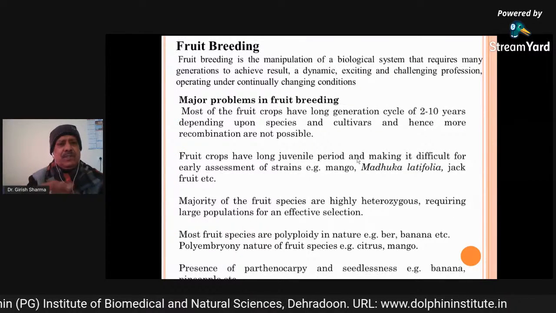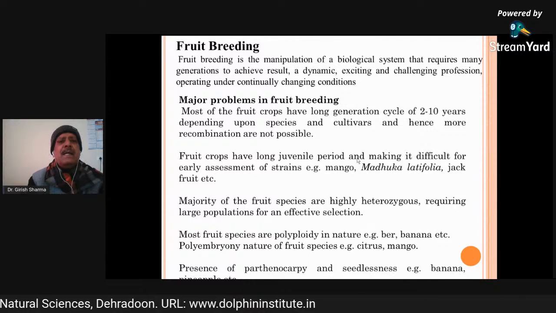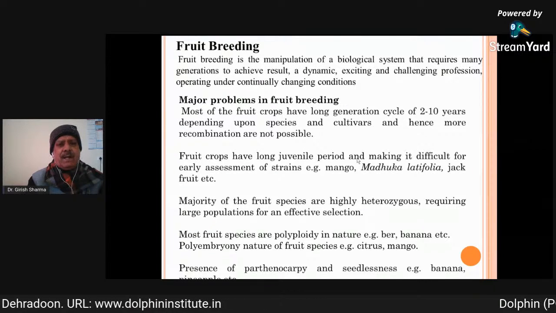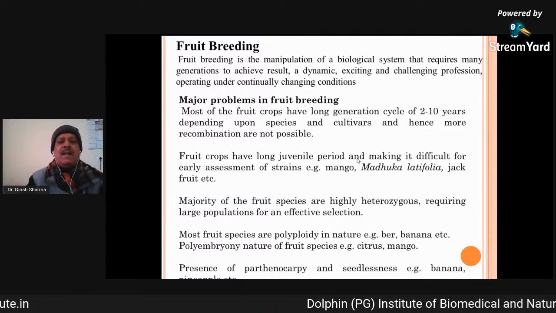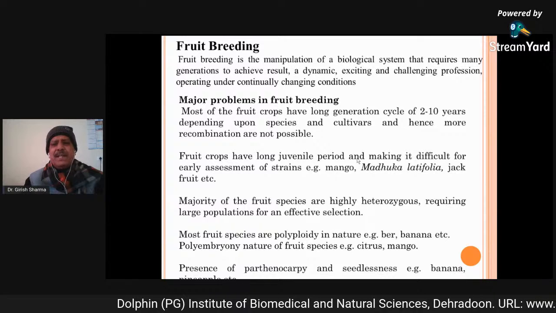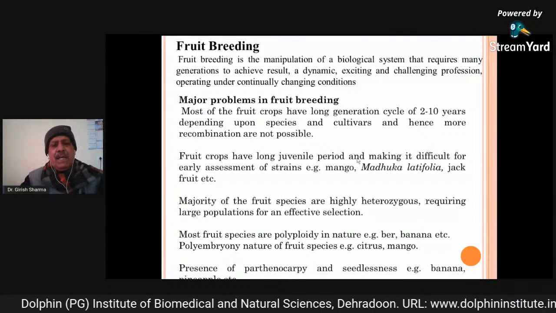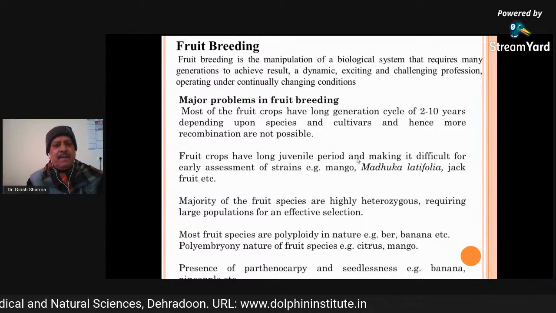Then these things are important from the breeding point of view, and some major problems associated with breeding comprise long generation cycles, 2 to 10 years, depending upon the species in question as well as the varieties taken.